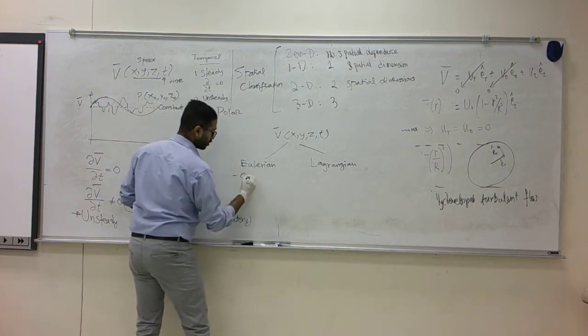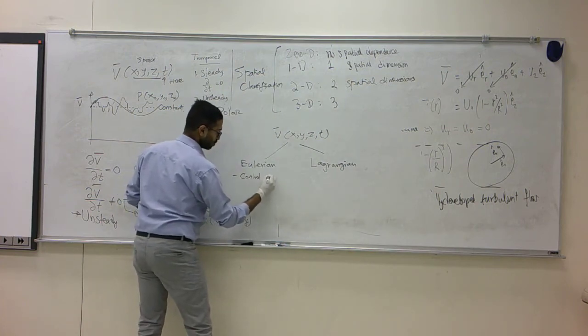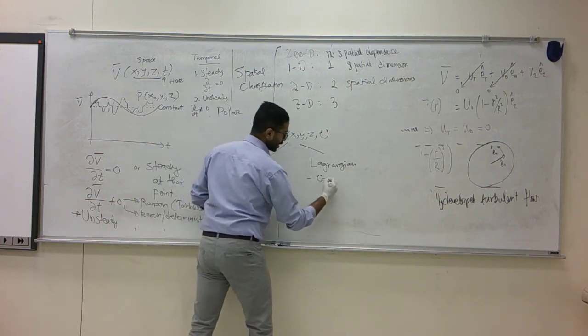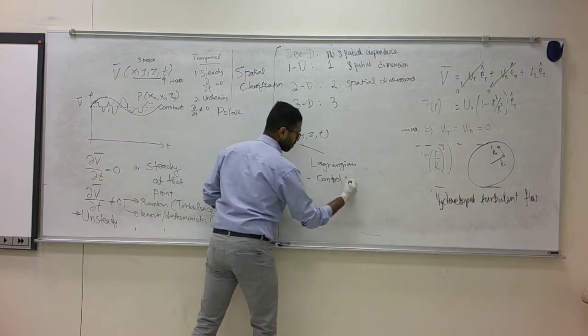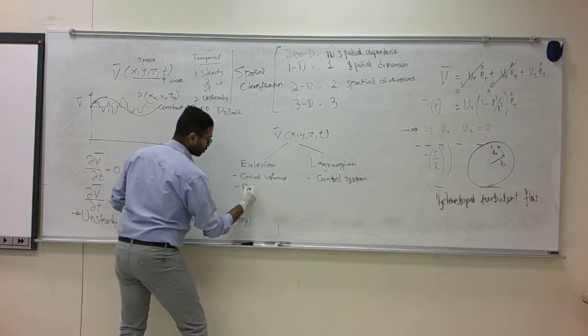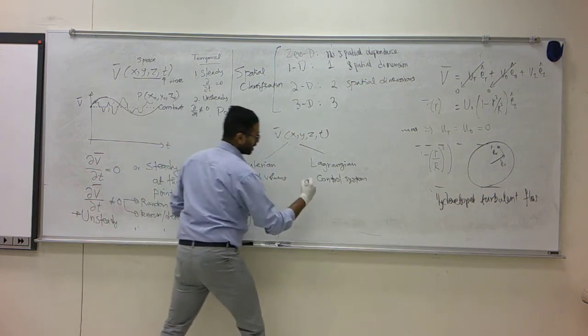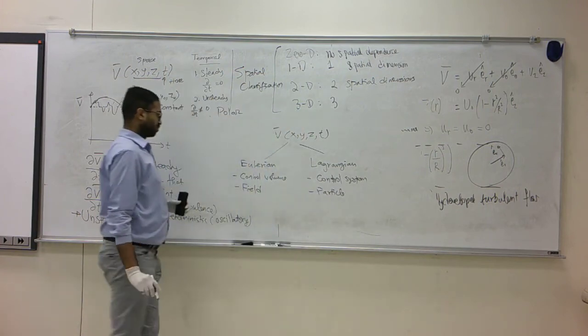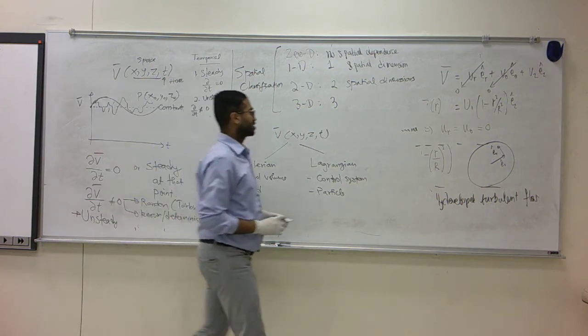Eulerian would be the control volume approach, and Lagrangian would be the control system approach. Eulerian would be the field approach, and Lagrangian would be the particle approach. Okay, that's our first classification that we saw.